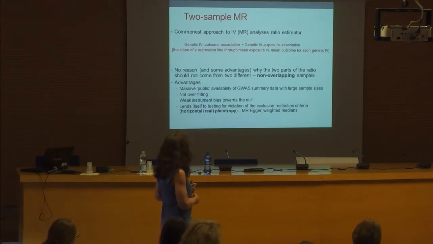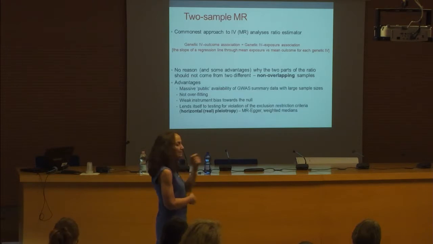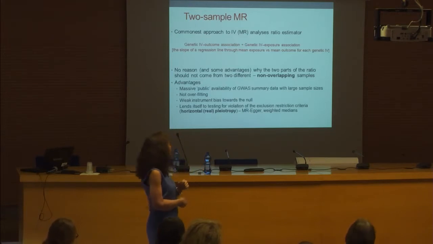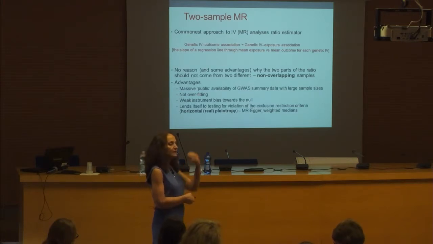If you do one sample MR, and particularly if that's where you've generated your genetic instruments to use in Mendelian randomization, then you're overfitting the data and have got this winner's curse. And that tends to, in one sample MR, bias towards the exaggerated confounded effect.